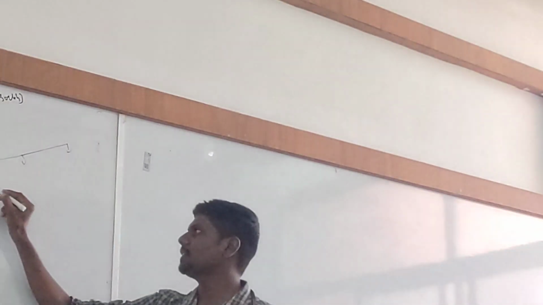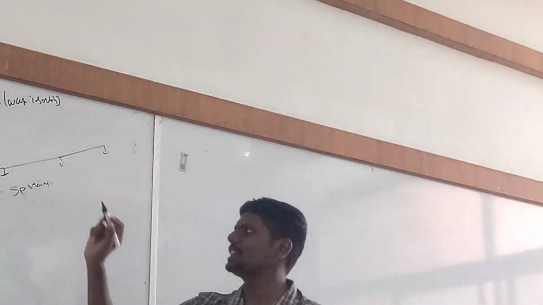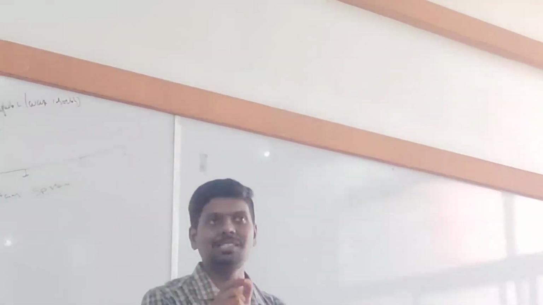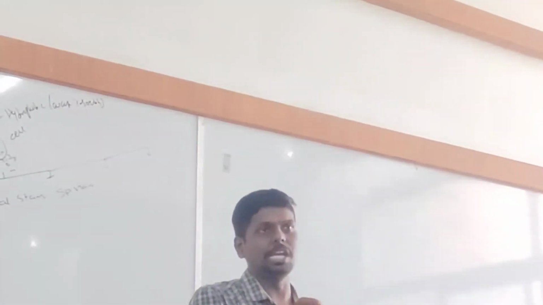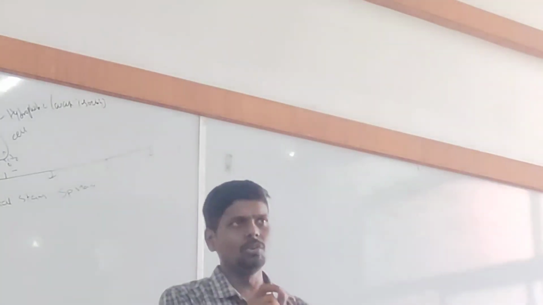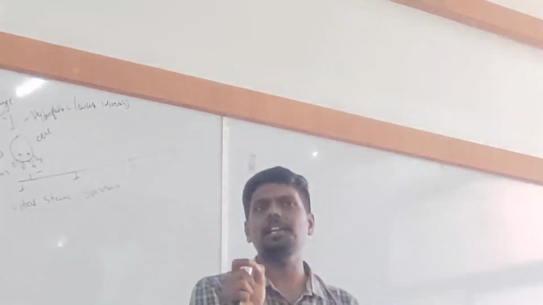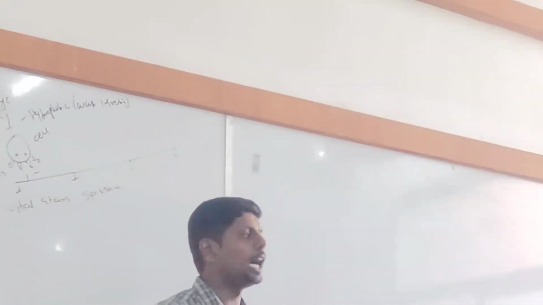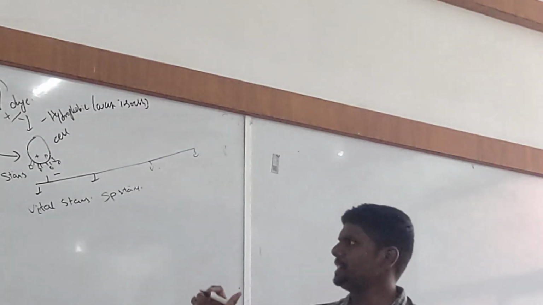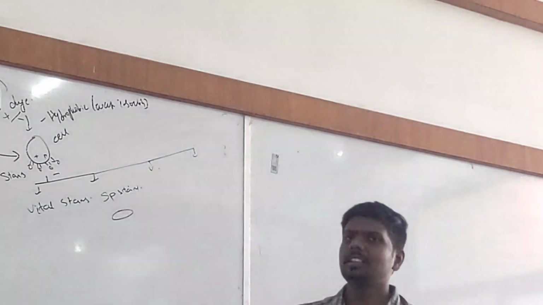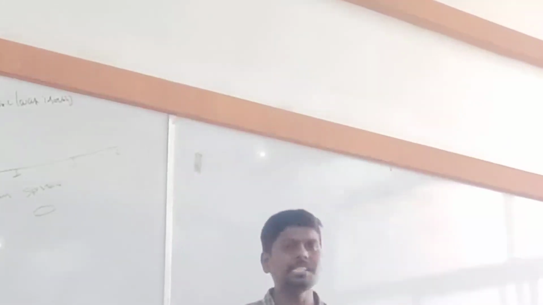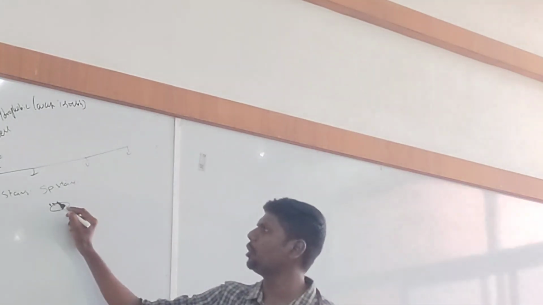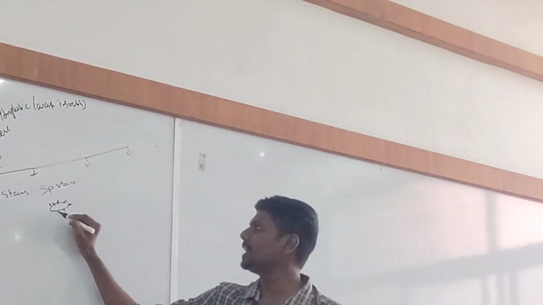Then the second one, special stains. What are these special stains? Special stains are specialized stains that will only bind to some specialized categories. I will give one example. Bacilli have a very strong hydrophobic cell membrane.